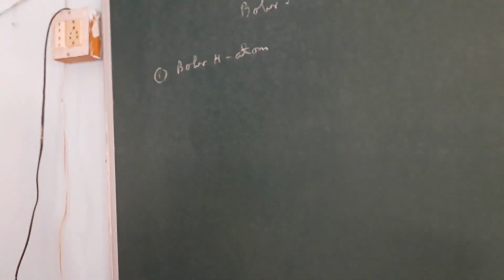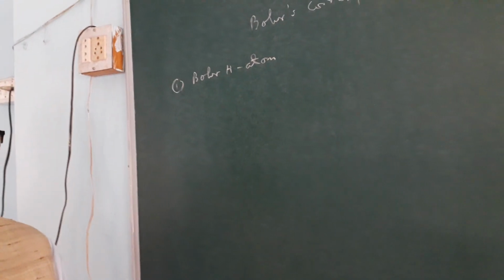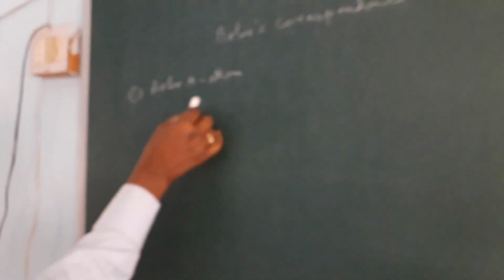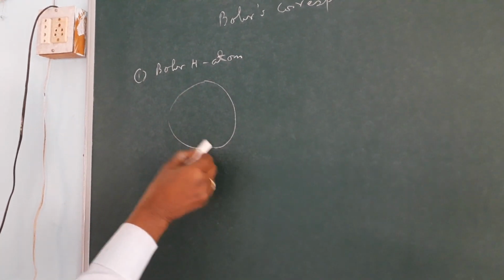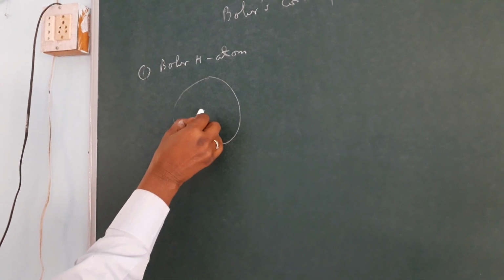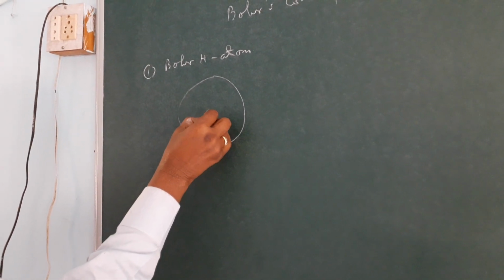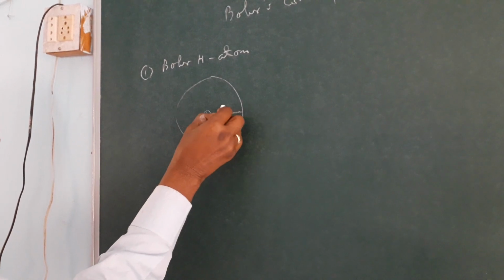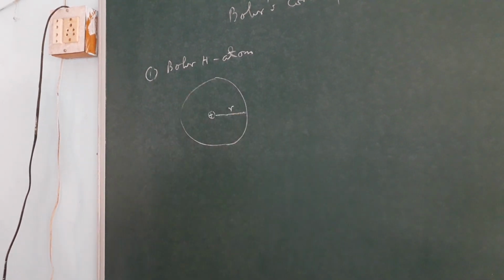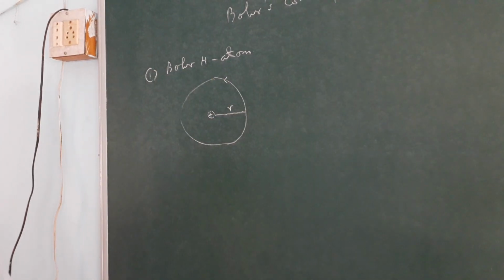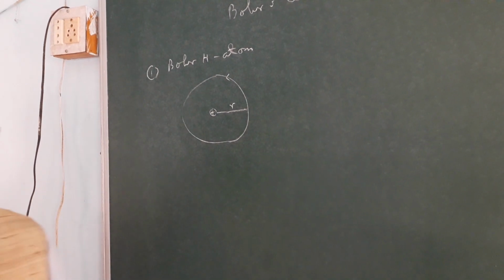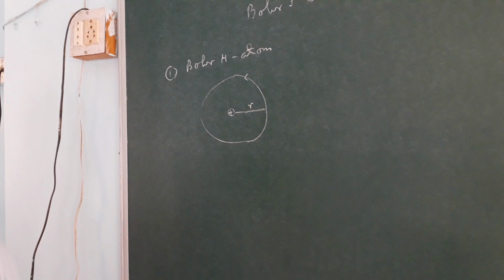Already we know, and in my previous lectures I have also stated, that the electron is revolving in a circular path, keeping the nucleus at the center, and this is the R. R is the radius of this orbit in which the electron is moving.